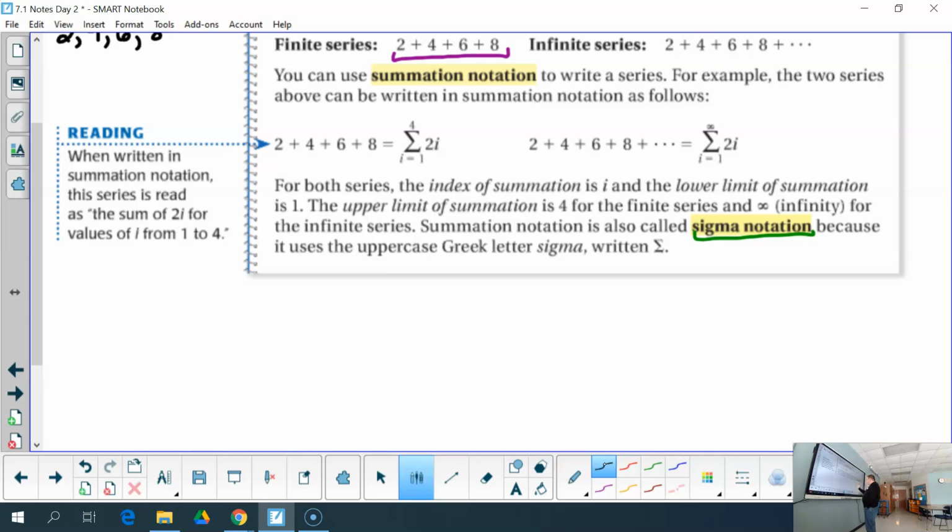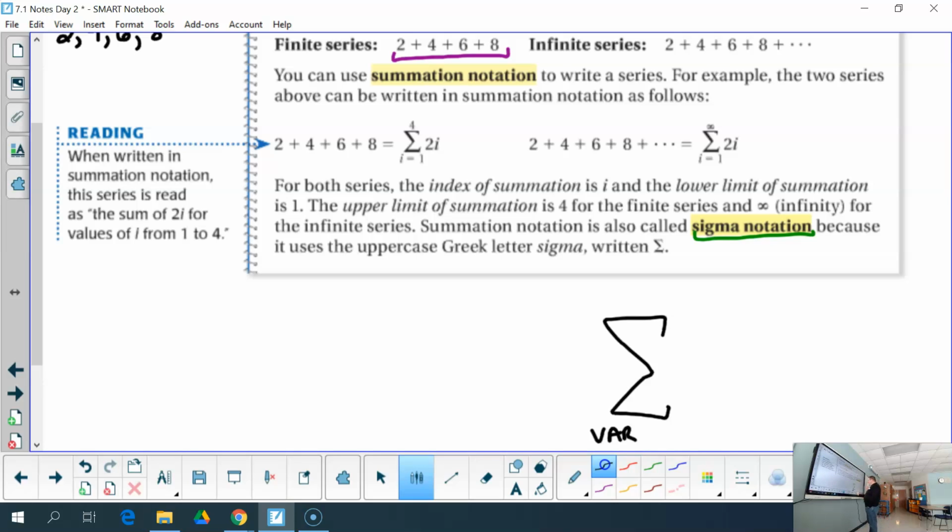You're going to have that funky looking E, and then you're going to have some variable. I don't care what variable you choose. You've got 26 different choices. Commonly, they use i. Sometimes they use x. Sometimes they use k. It doesn't matter what you use.